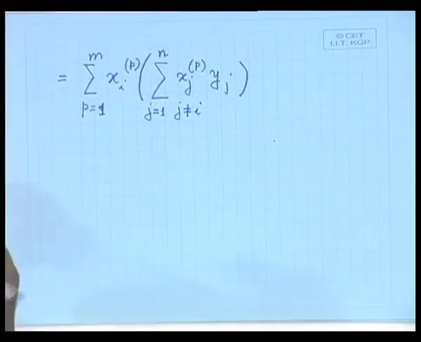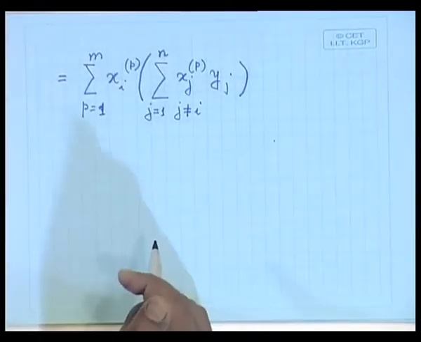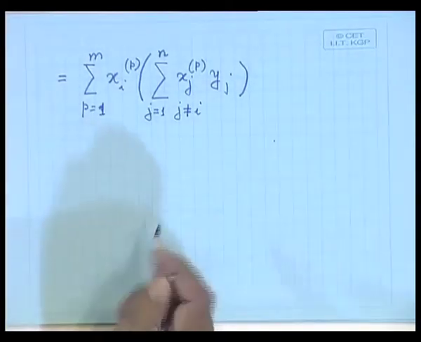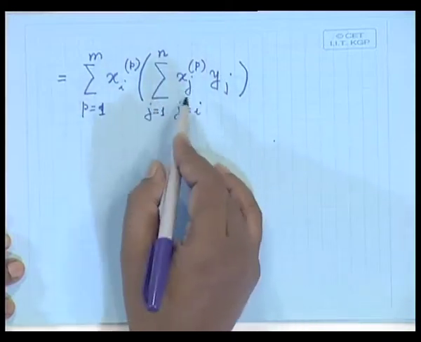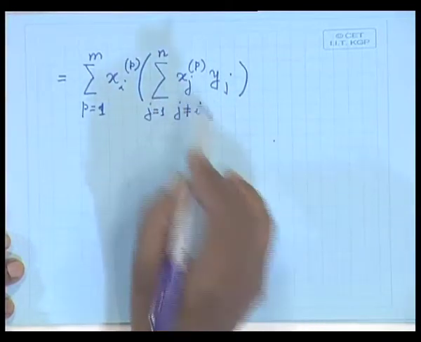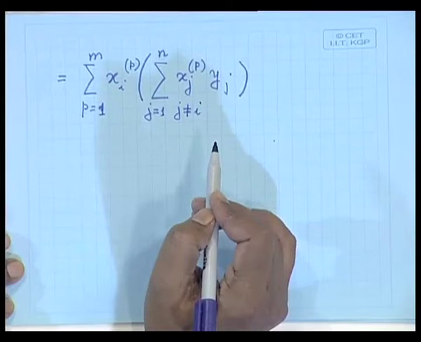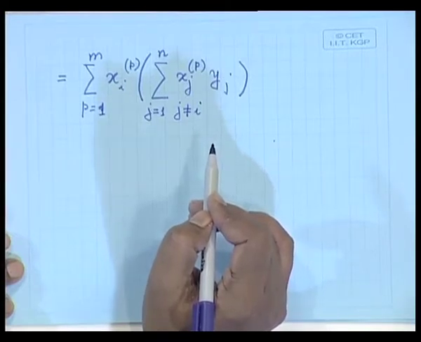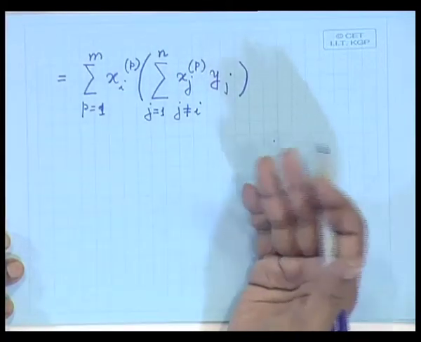Okay. So, here you find that x i is not summed over, because I want the ith output. So, my variable will be j.